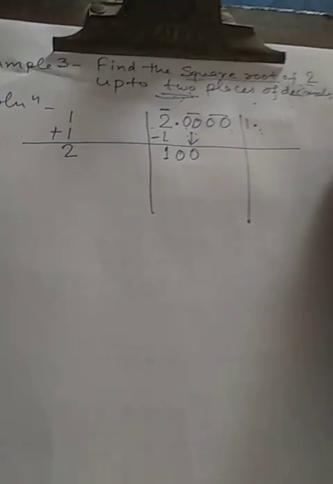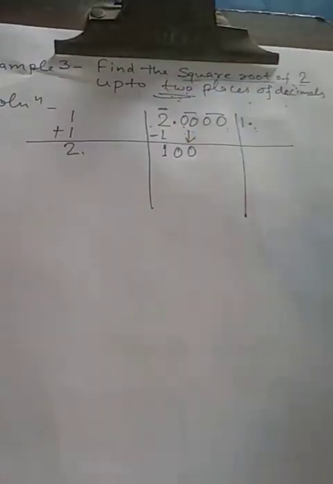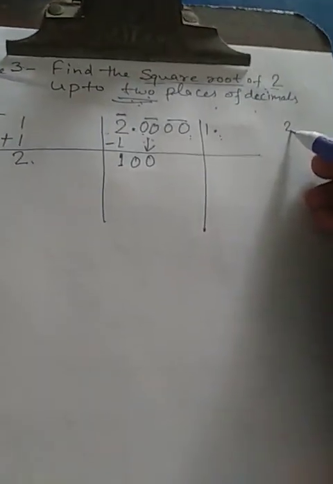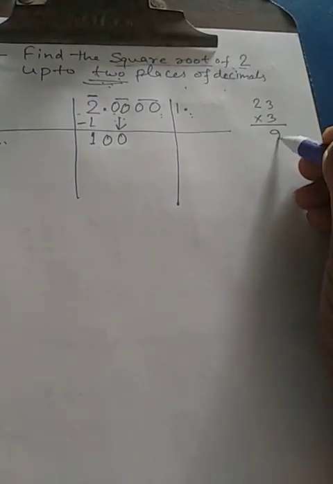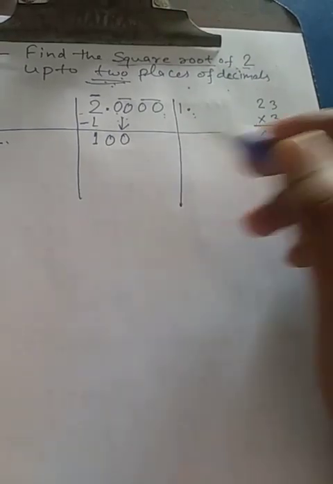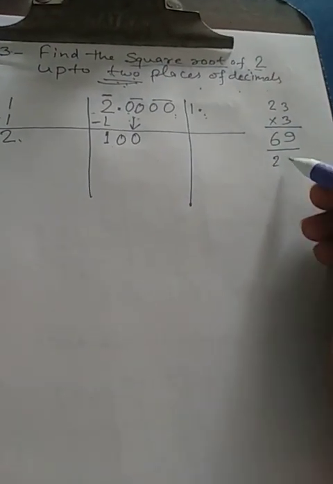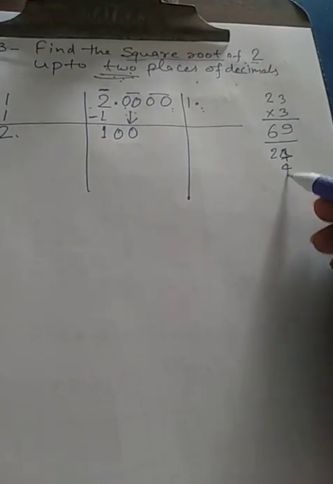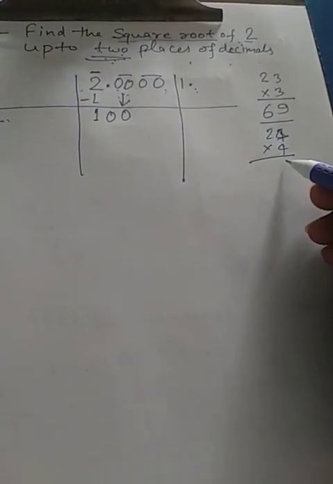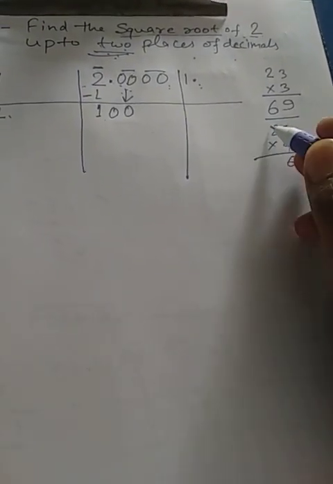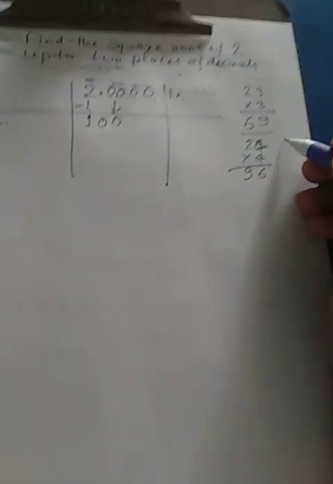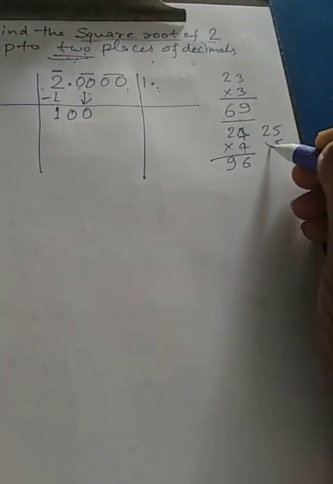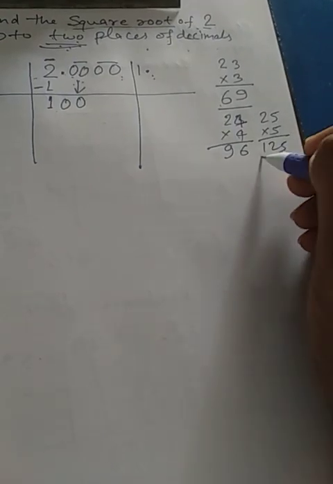How can we put here digit 2? We are checking 2 3, then 3 times 3 is 9, 3 times 2 is 6, it is less than 100. I am putting here 4, 4 times 4 is 16, 6, 1 carry, 4 times 2 is 8, 1, 9. Once again I am taking 2 5, then it is 125.